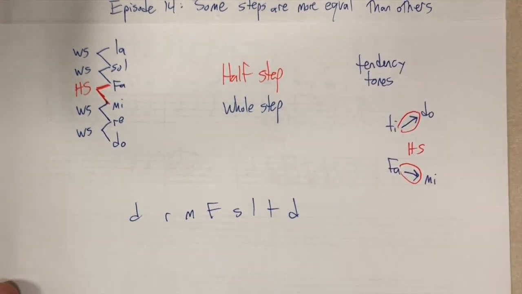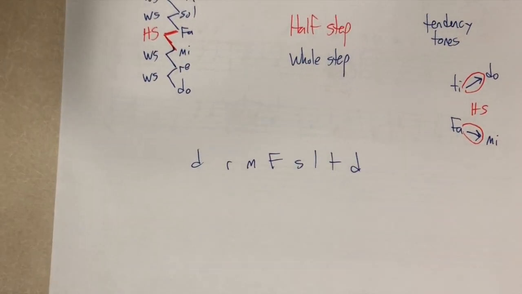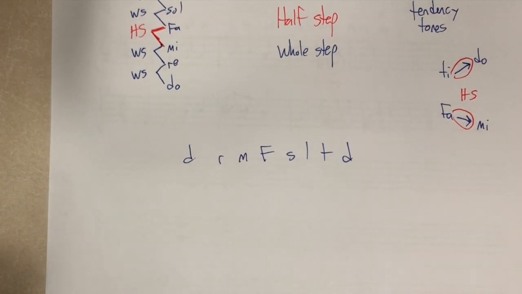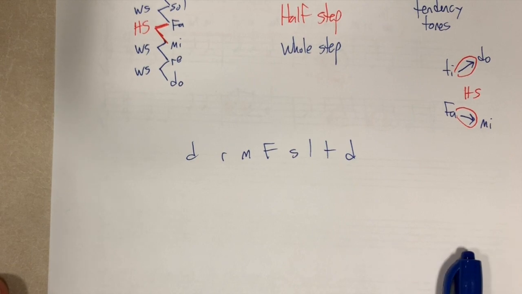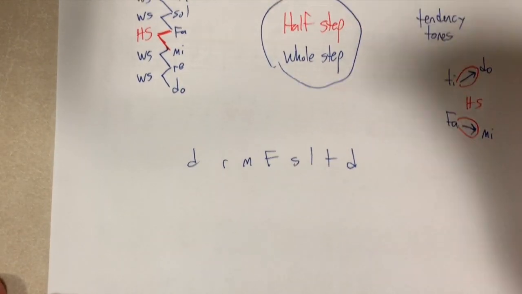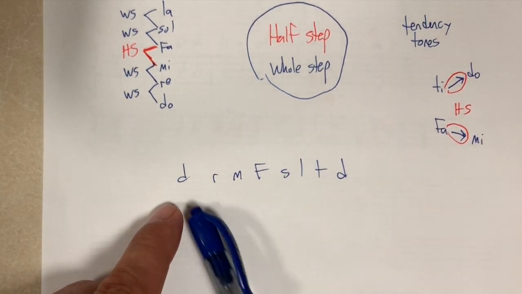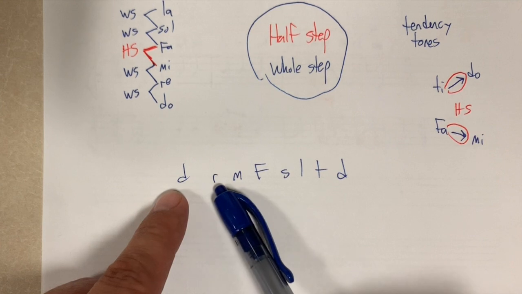So here's the weird thing. In music, we have a general idea of a step. And when we say a step, sometimes we're not being very specific, and we mean a whole step or a half step. We don't really specify. So when we're naming intervals, we name this do to re a second.